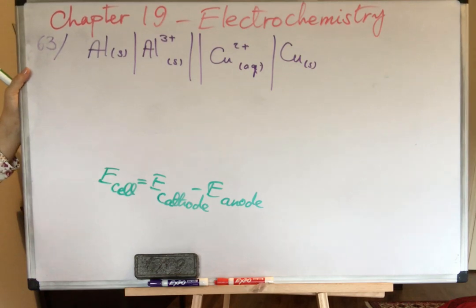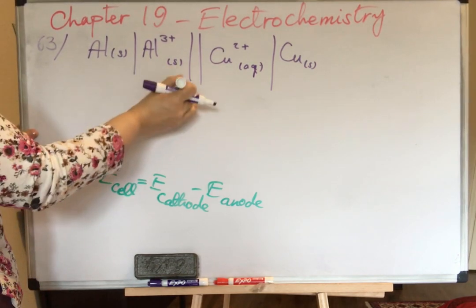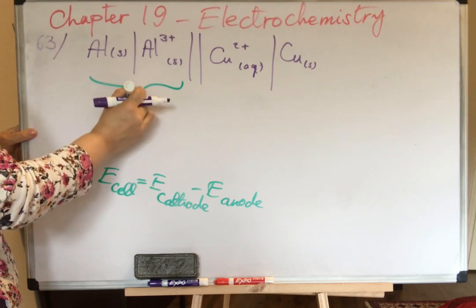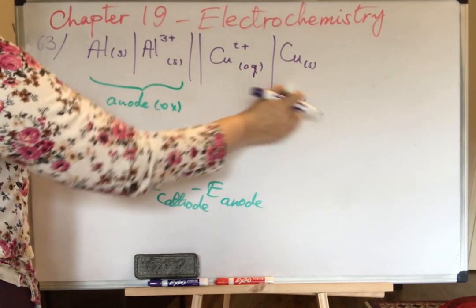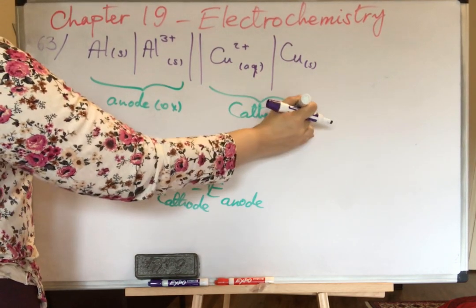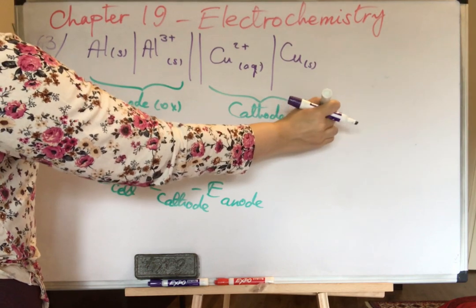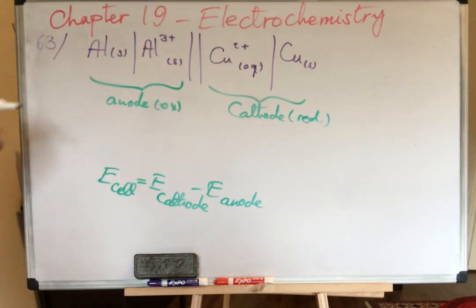At the cathode, copper ion is reduced to copper solid. This side we said is supposed to be anode, right? Oxidation. And this side is cathode, reduction, correct? And it shows it, oxidation, and these two, reduction.